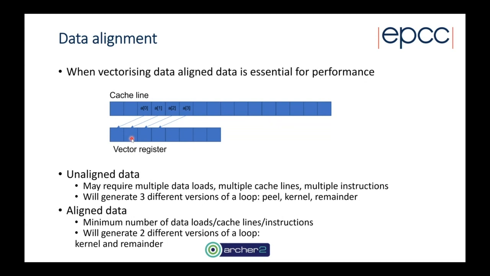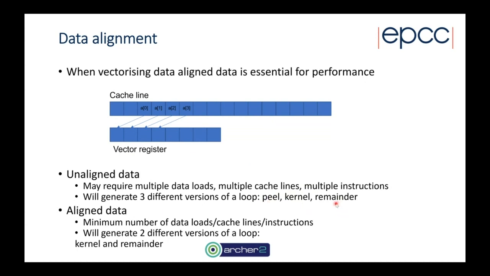Now, the compiler and the hardware can deal with you not aligning your data, but as has already briefly been discussed, what happens is it generates multiple different versions of your loop, one of which is fully vectorized, that's called a kernel loop. And it also creates a peel loop and a remainder loop.